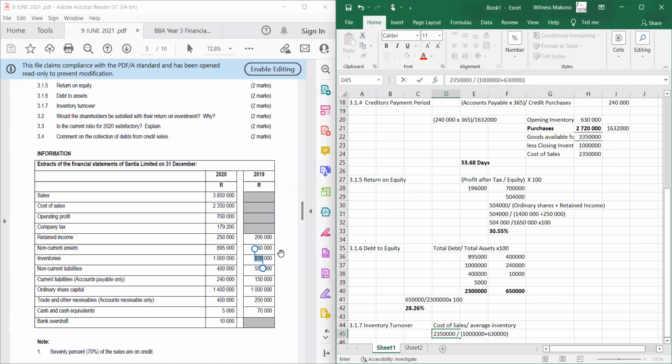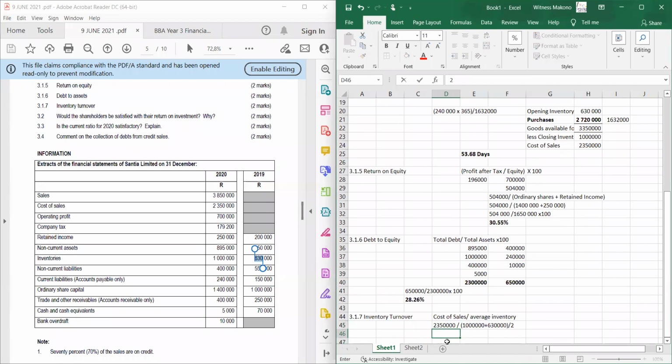Then, after adding the two figures, you divide by 2 to get the average. So what do you get for average inventory? It's 1,630,000 divided by 2. You get 815.